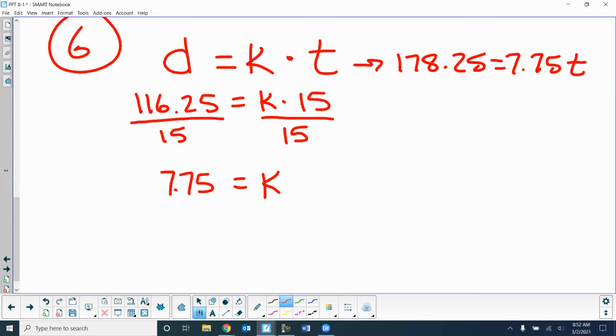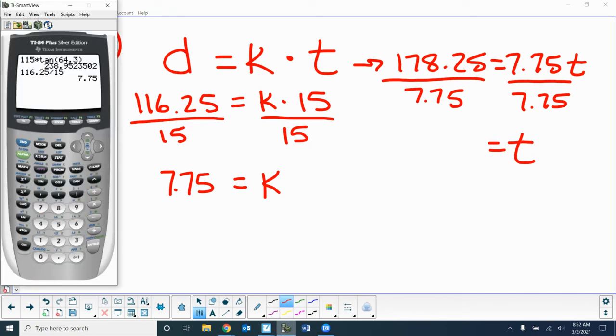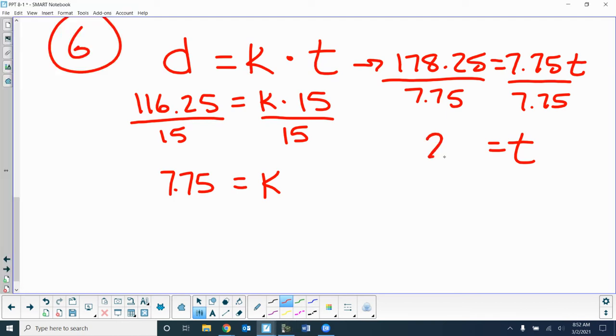So I put 7.75 in for K, and I just solved for T now. So she worked 178.25 divided by the answer, 23 hours. Does it make sense? Any questions?